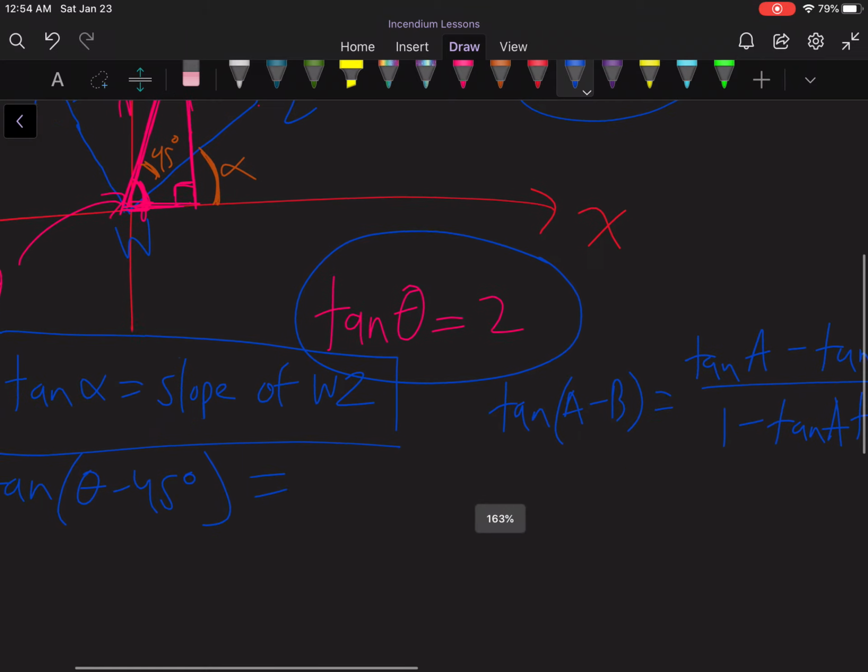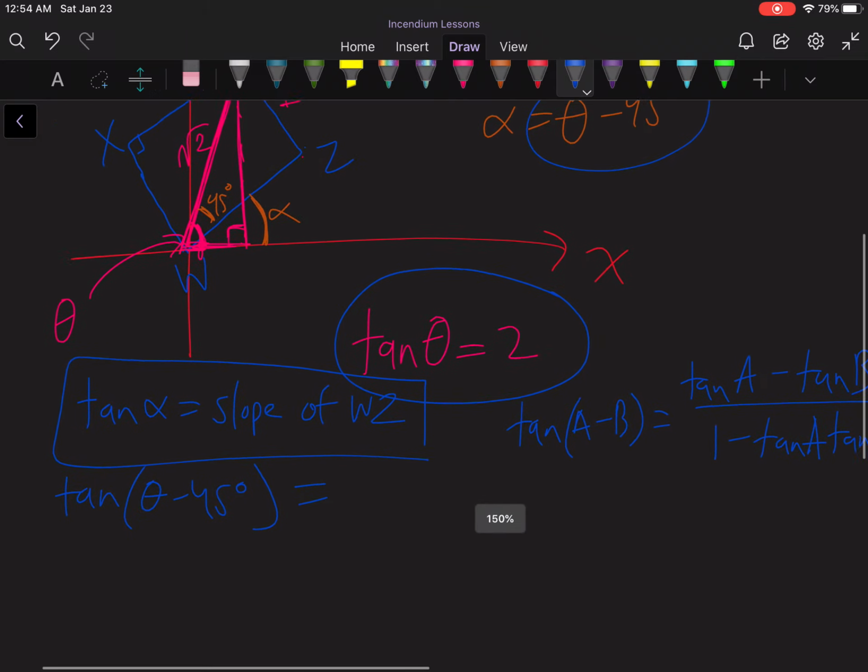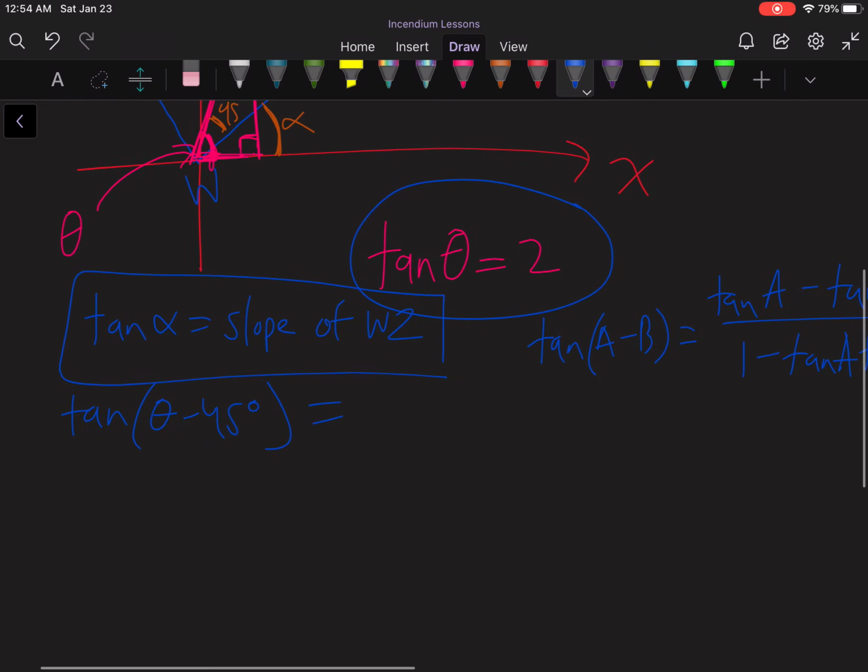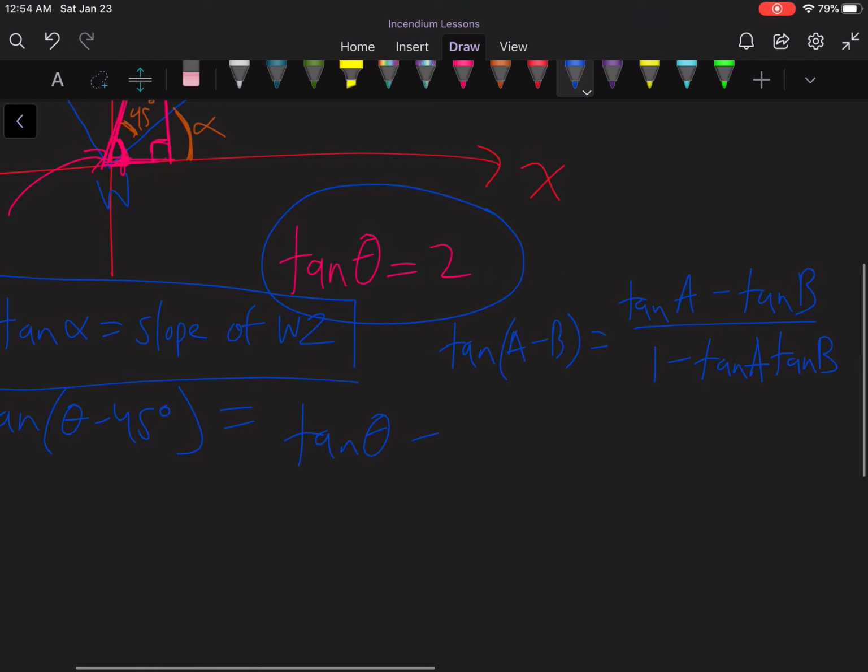And this trigonometric identity is going to make our lives so much easier, because now we can apply it here and say this is equal to tangent of theta minus tangent of 45 degrees over 1 minus tangent of theta times tangent of 45 degrees. And once again, this entire thing is the slope of WZ.